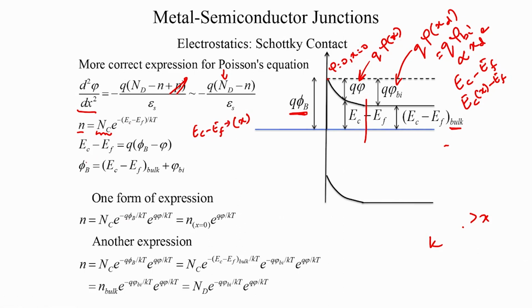So, I need to represent EC minus EF as a function of the potential. I want to get everything in terms of the potential because the left hand side has got a potential term. I want to be able to construct a differential equation that I can solve.